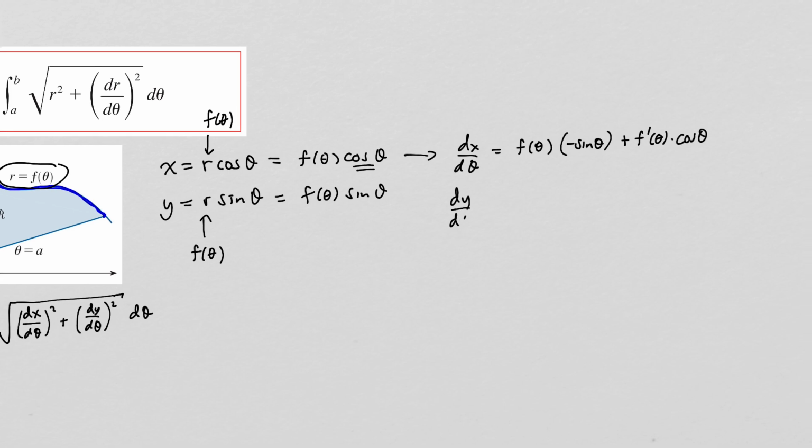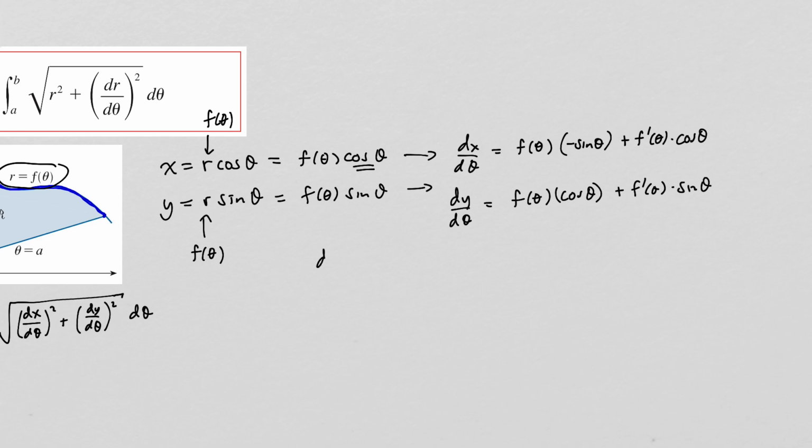And dy/dθ can be found the same way by using the product rule, and that's going to give us f of theta times cosine of theta plus f prime of theta times sine of theta.